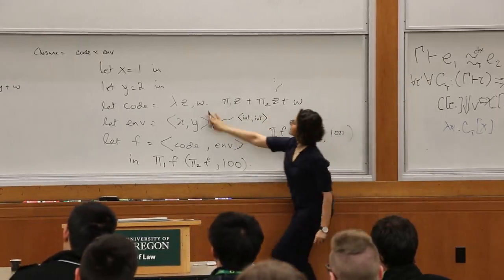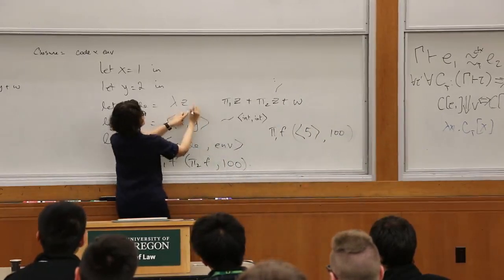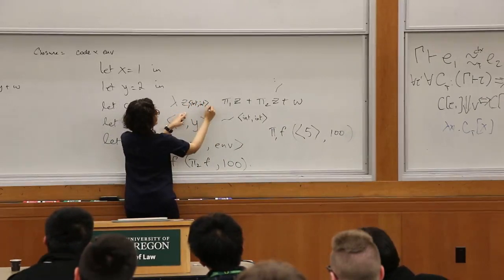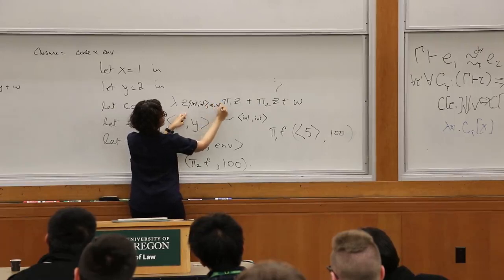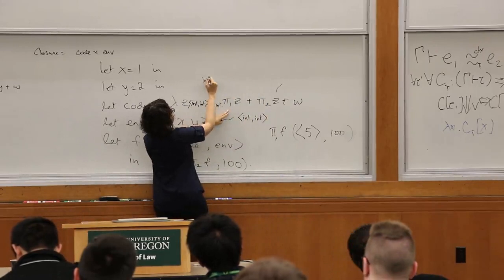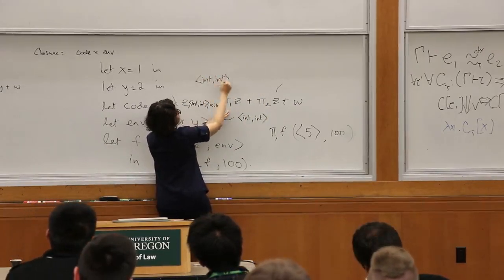Okay, this function here takes an environment, right? Then it takes a w, that's an integer, and then we do stuff. Okay, so the type of the function is, takes the type of the environment.